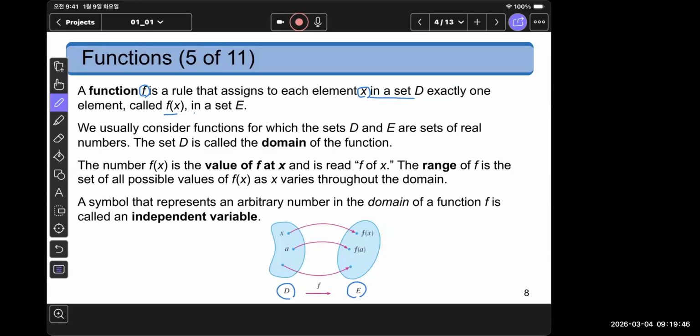And this set D will be called the domain, and set E will be called the codomain.